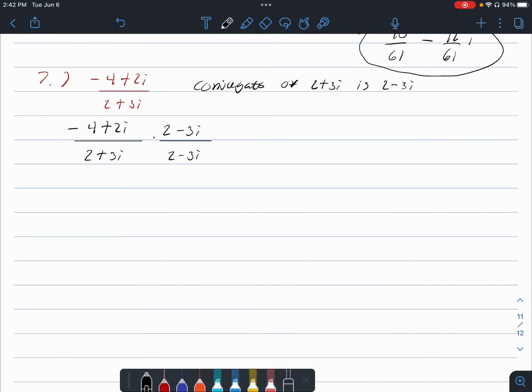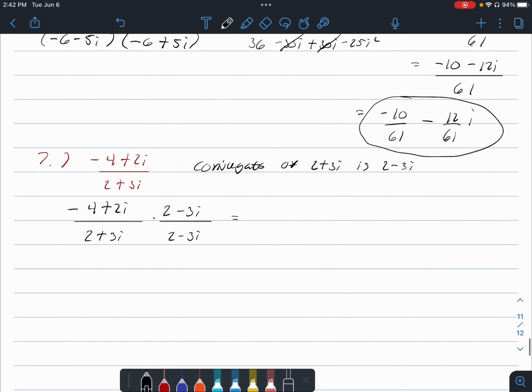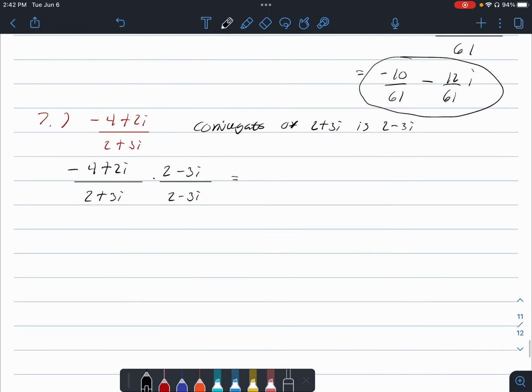Okay, and taking a look at the denominator here, we're actually just going to use this a squared plus b squared formula. So we have here 2 is equal to a and 3 is equal to b. So we can write this as 2 squared plus 3 squared. And now let's deal with this numerator. So we'll just FOIL this out.